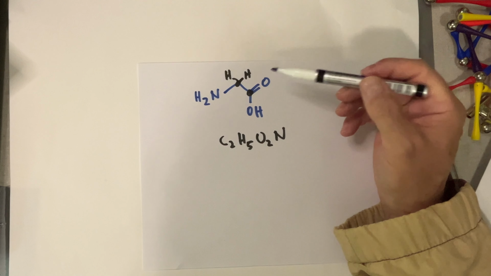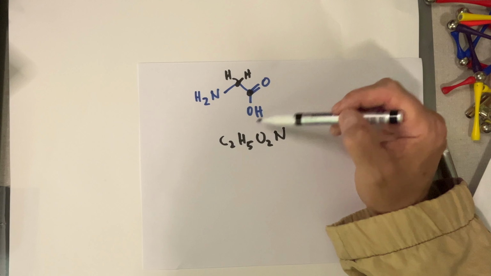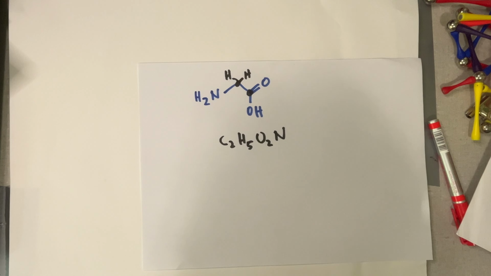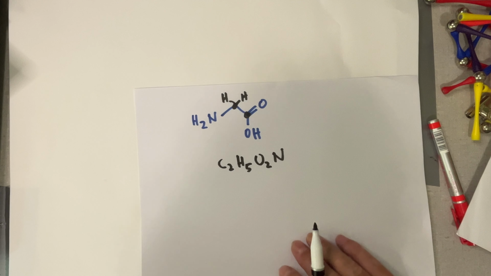That should be quite easy. You have 2 carbons, 1, 2, 3, 4, 5 hydrogens, 2 oxygens and a nitrogen. So the formula for the glycine is C2H5O2N.